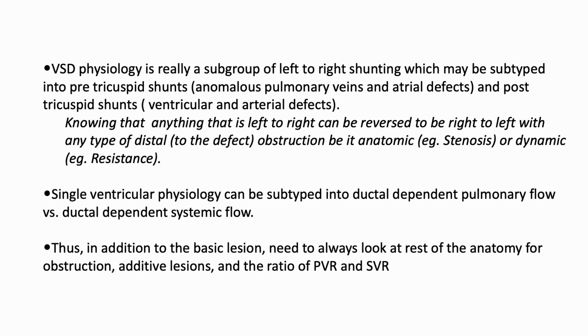It could be either anatomic, like stenosis, or dynamic, like resistance. And then single ventricle physiology can be subtyped into ductal dependent pulmonary flow or ductal dependent systemic flow. So again, in addition to the basic lesion, always look at the rest of the anatomy for obstruction, additive lesions, and the ratio of PVR and SVR.